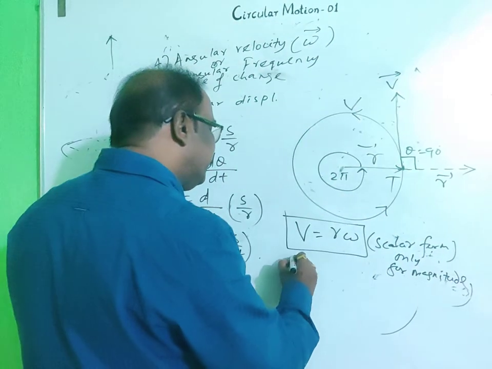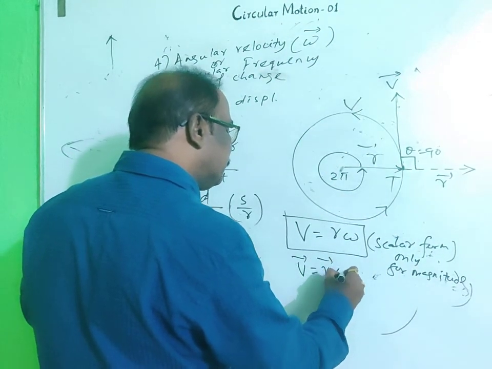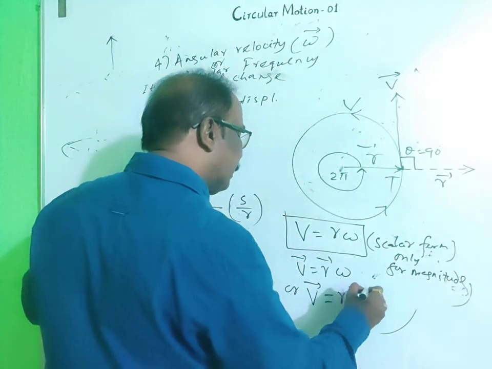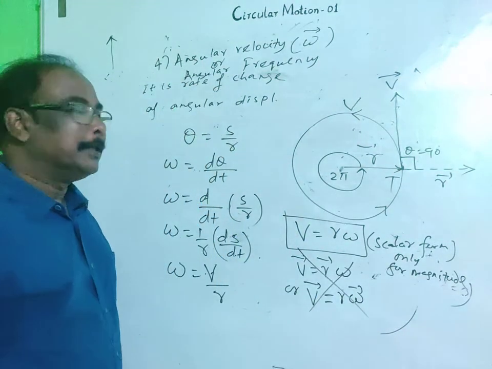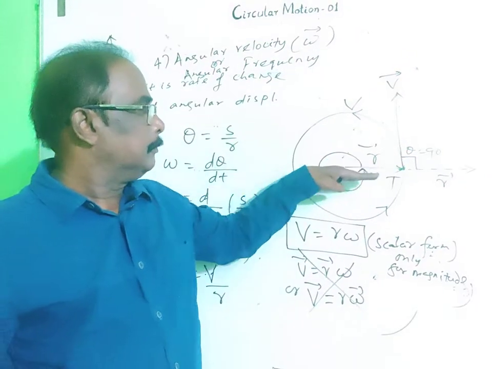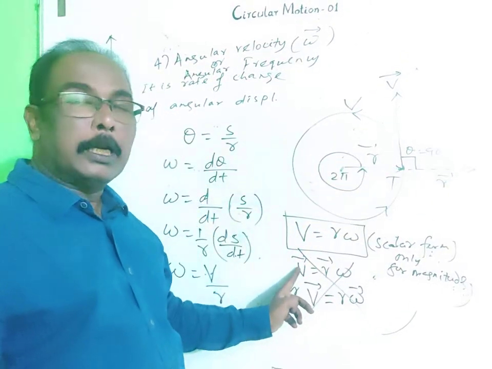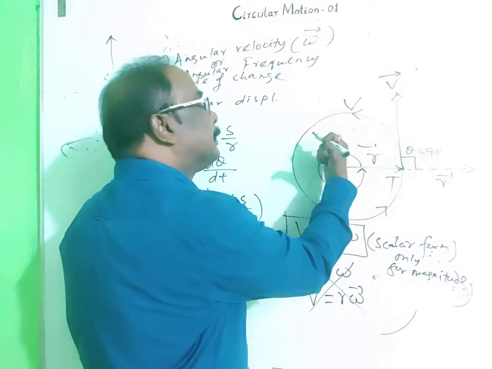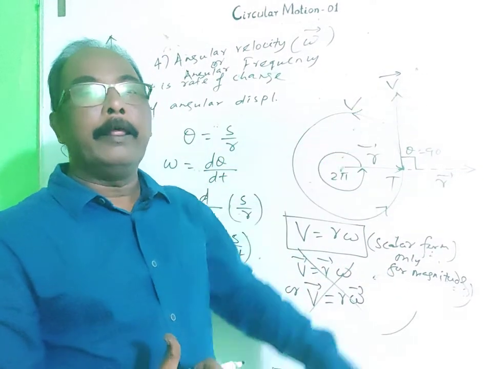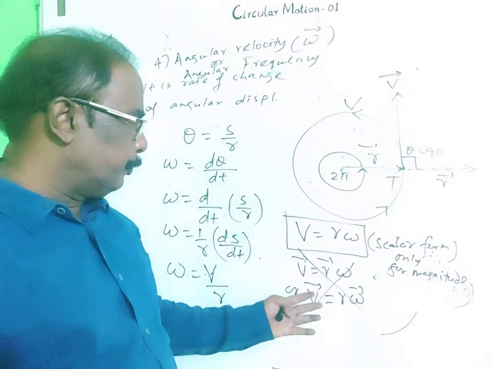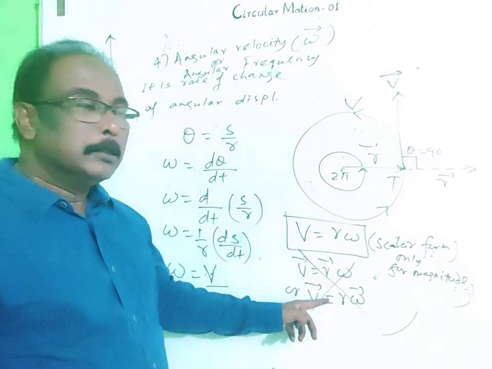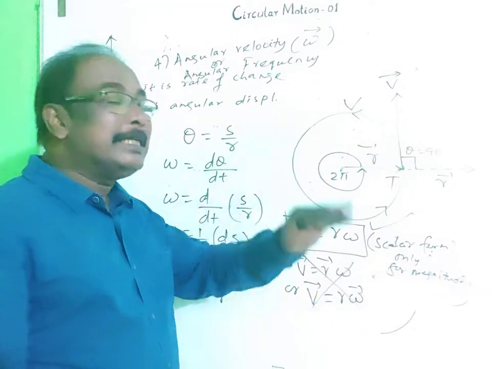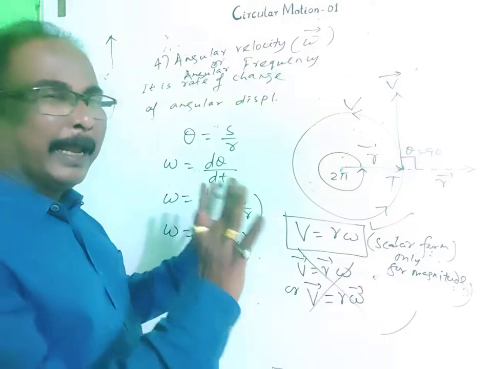If you write v is equal to position vector into omega, or v is equal to r into omega vector, then this is wrong, because the direction of position vector is not the same as that of linear velocity, and the direction of angular velocity is not the same as that of linear velocity. They are perpendicular to each other. So in vector form it will be wrong, but it is correct in scalar form. So this relation is used to calculate only magnitude.